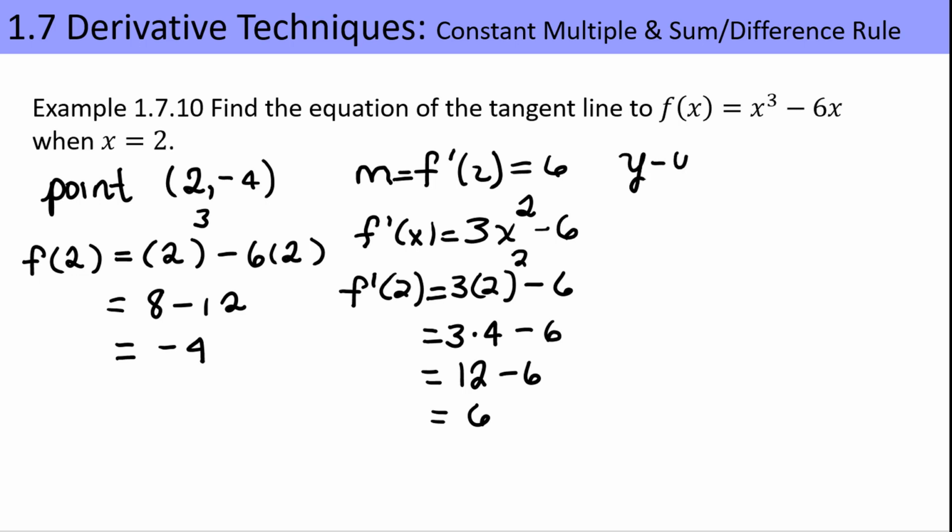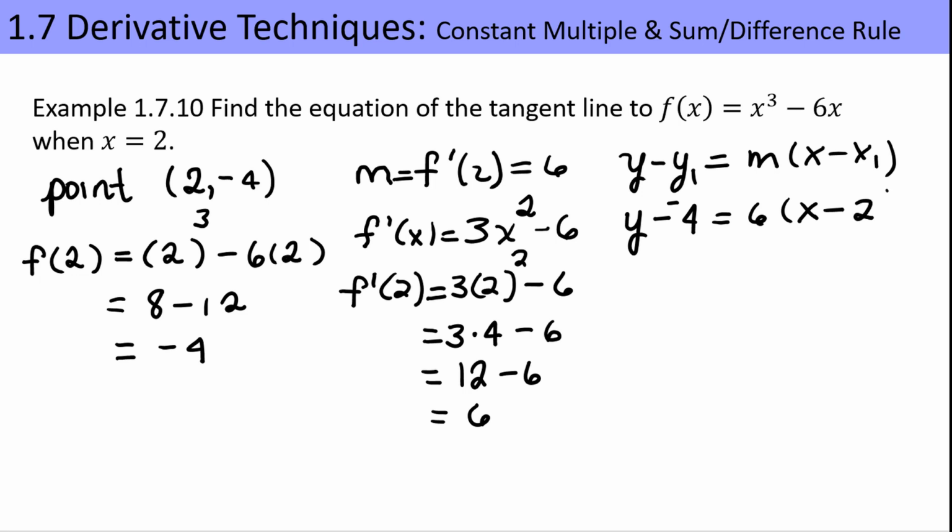We'll use y minus y1 equals m times x minus x1. Let's replace some of the values. Y minus y1 we solved to be negative 4. The slope m we solved to be 6. Then x minus x sub 1 was given as 2. Let's simplify.